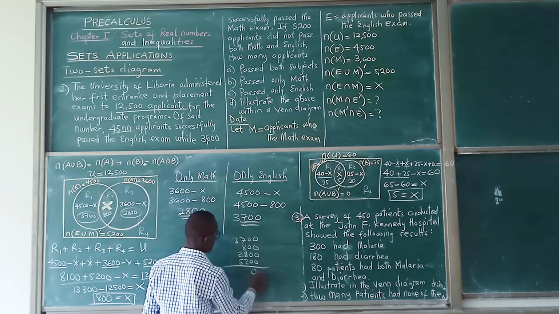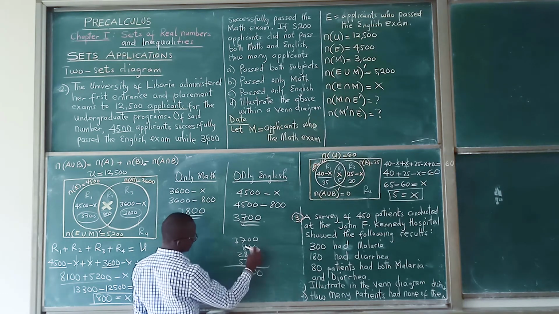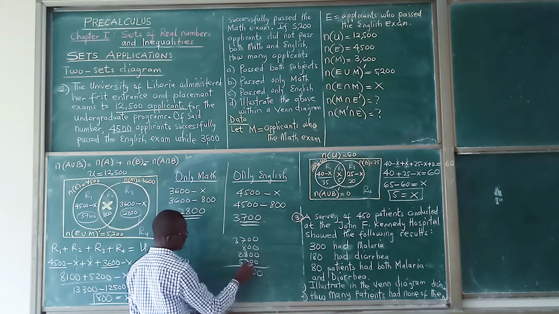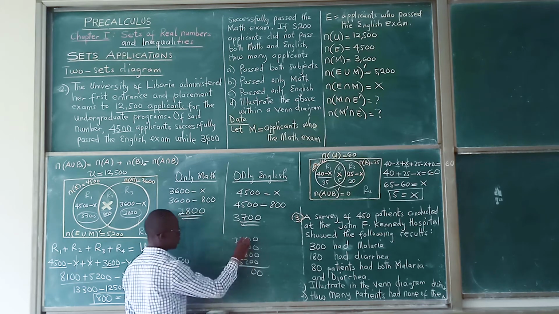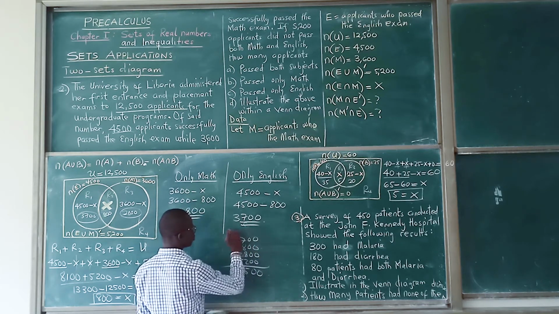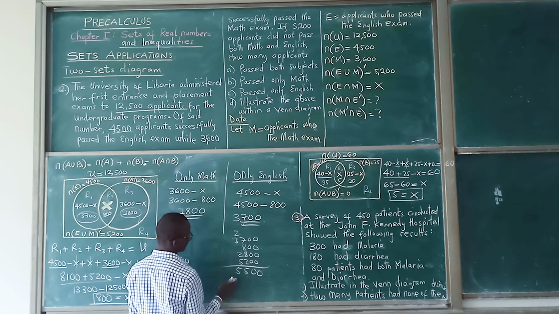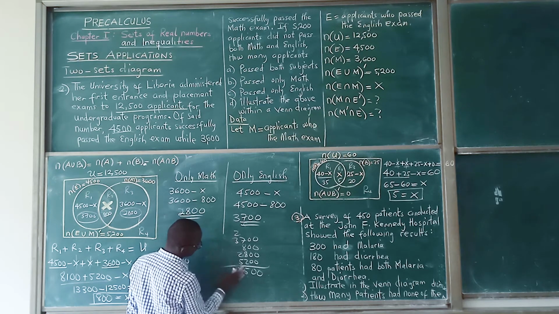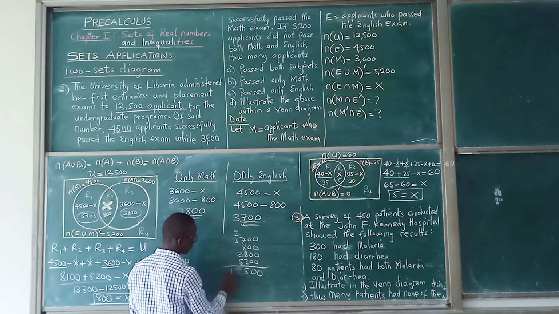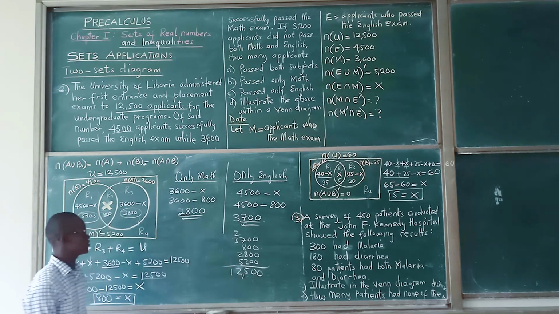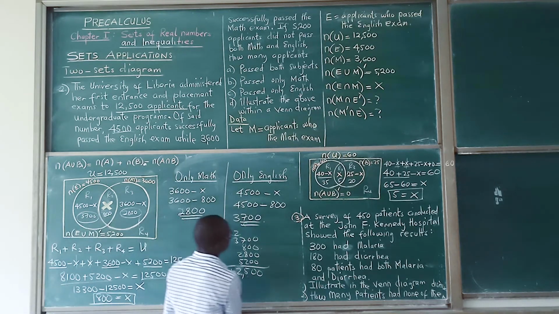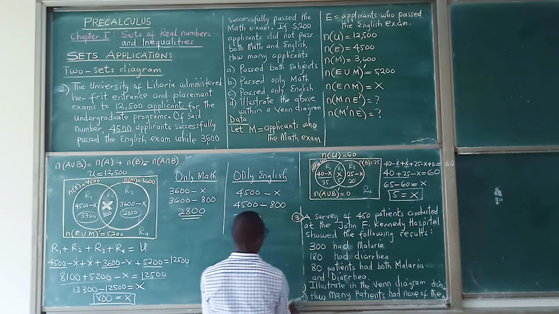So 0, 0. Now 8 and 8 is 16, 17, 18, 20, 25, you carry the 2, and then 2 plus 3 is 5. 5 plus this 5 is 10, 10 plus this 2 is 12. So it's 12,500.